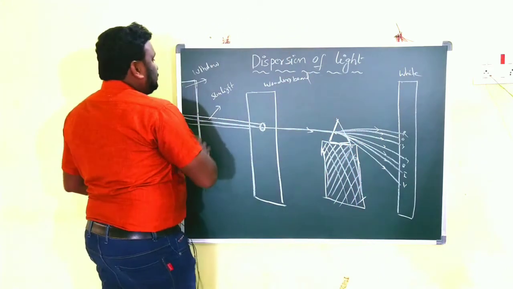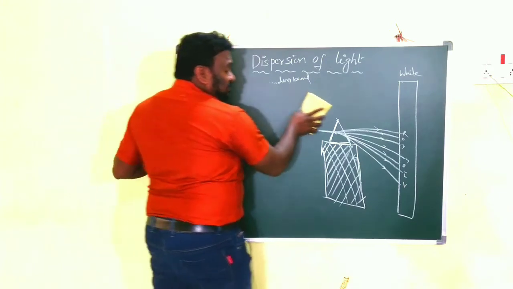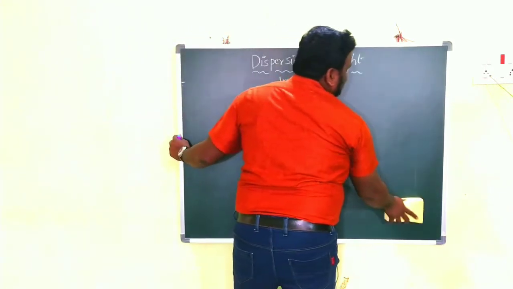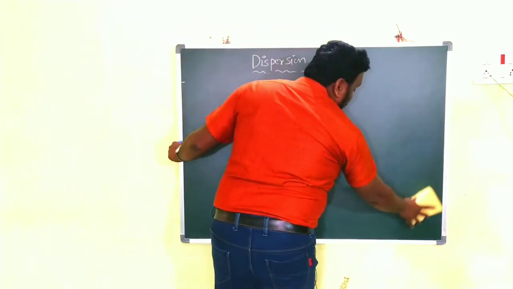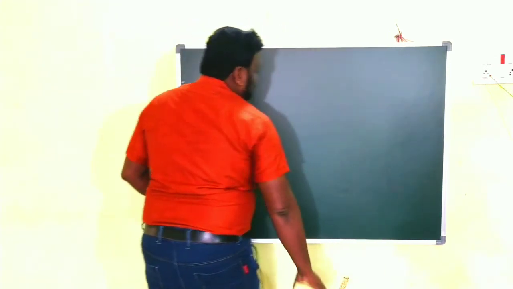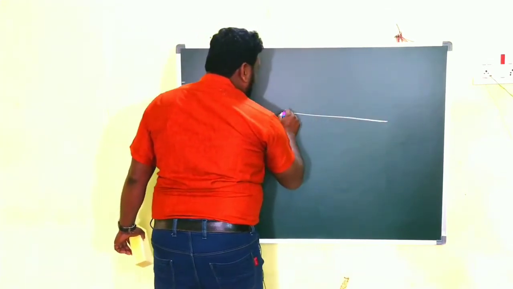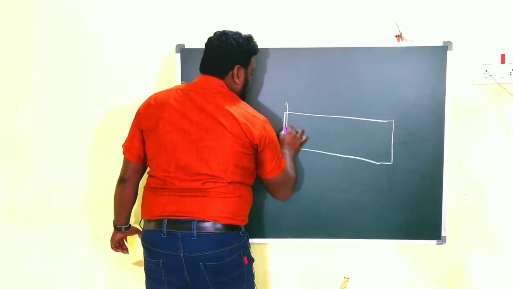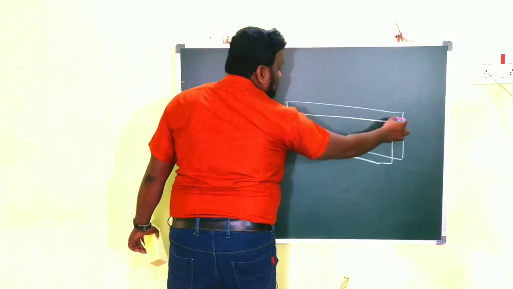Next I am going for one more activity given in our textbook, and to do this we don't need any prism or anything. We will do this one simply in our home. We have to take one metal tumbler, and it should be filled with some water.